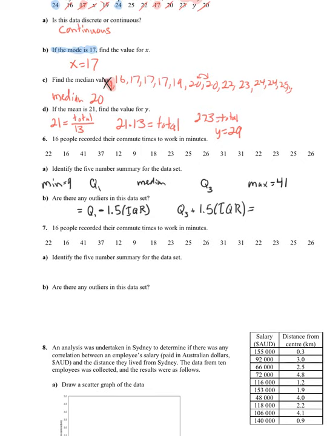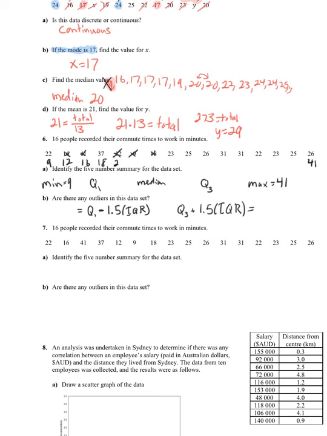And then, yeah, this works best if we reorganize the data first. So we're going to do 9, and we'll put 41 at the end there. And then I'm going to do my 10s, which is 12, 16, 18. And then organize my 20s.